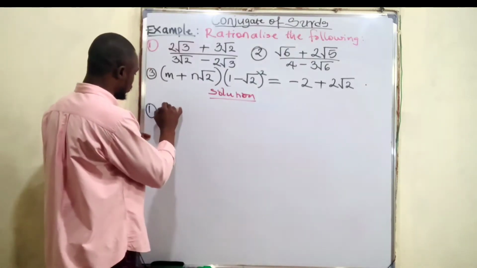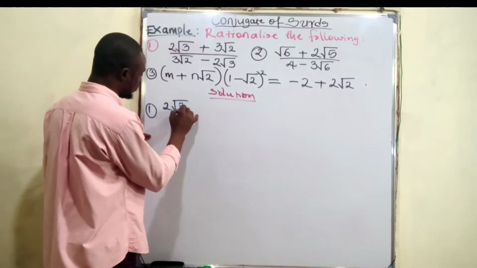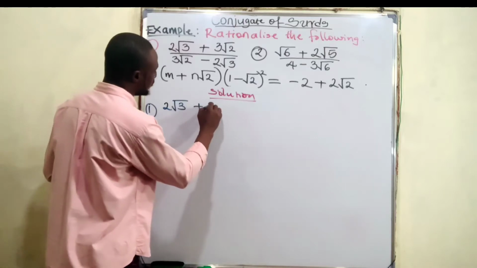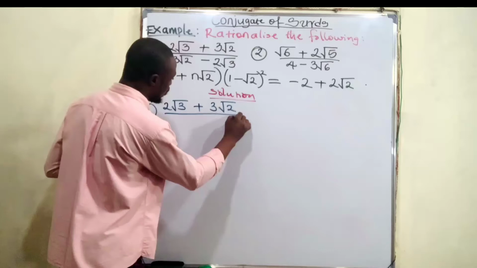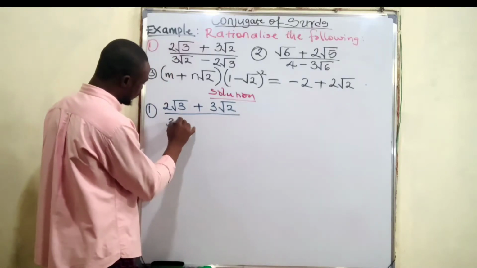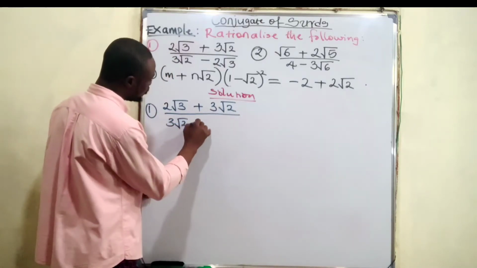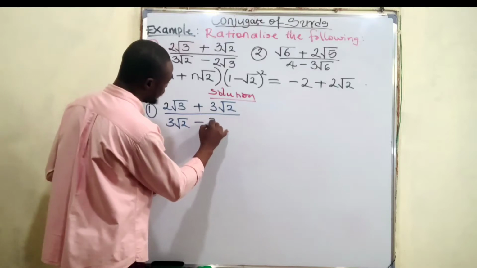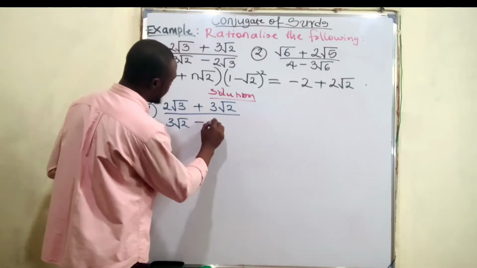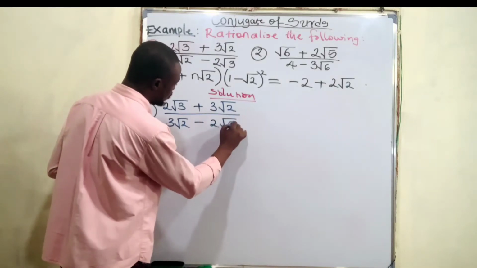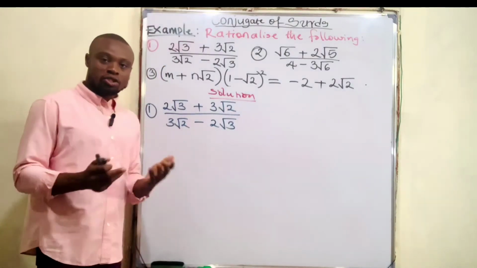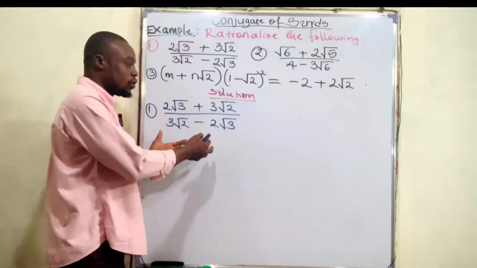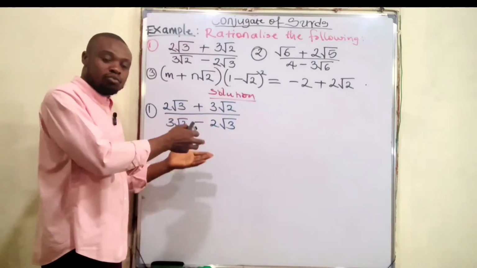Rationalize 2 root 3 plus 3 root 2, all divided by 3 root 2 minus 2 root 3.